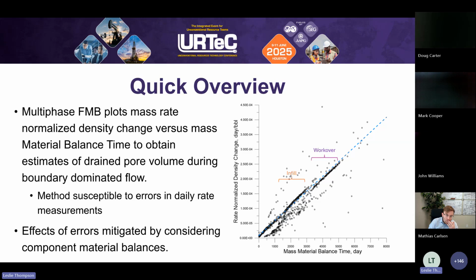If you start reducing the completion efficiency by, say, decreasing the number of fractures, the fracture density or the fracture conductivity, you increase the time it takes to get to boundary dominated flow, and you increase the intercept that you see on this plot.